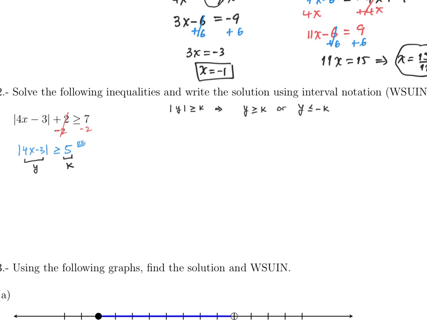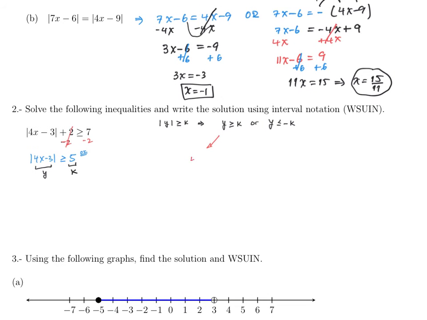All right, so if we follow the formula, this is what we get from here. We will have 4x minus 3 is greater than or equal to 5, or 4x minus 3 is less than or equal to negative 5. And then you solve the inequalities.